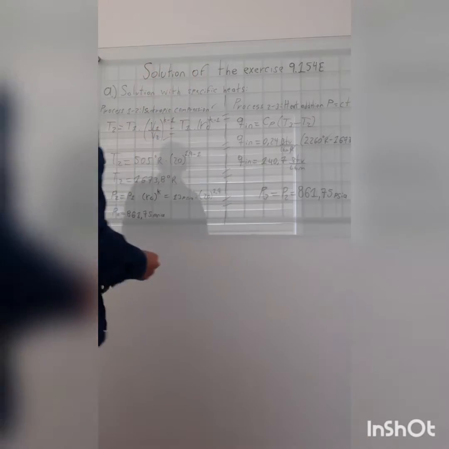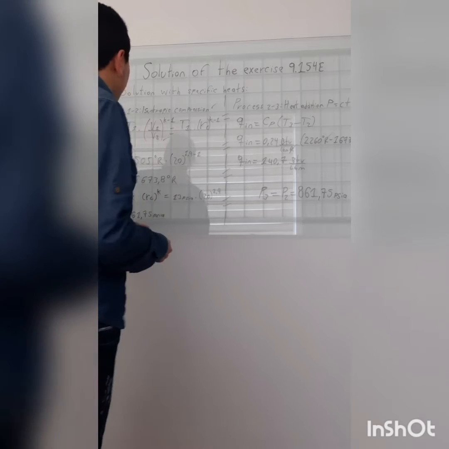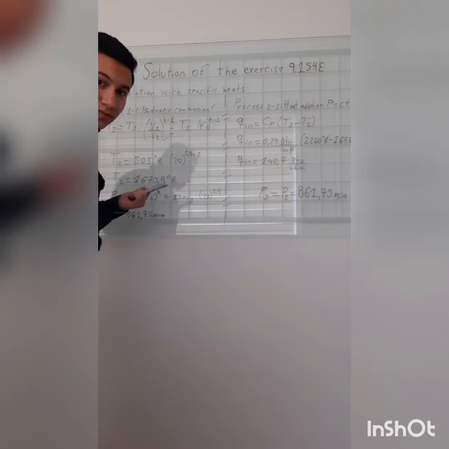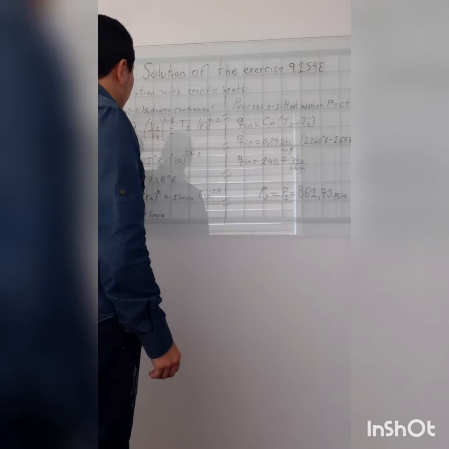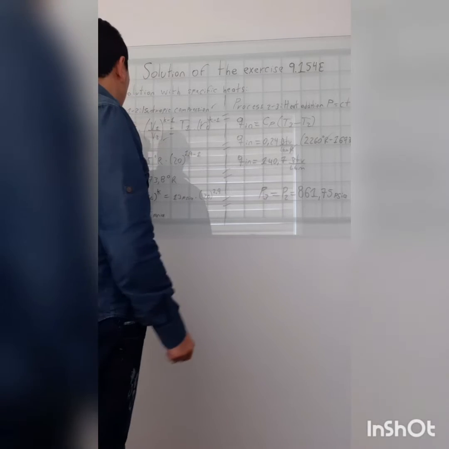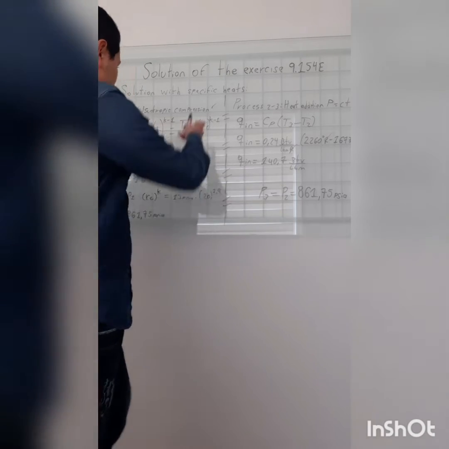Okay, in this part, first we are going to start with part A, that is the solution with specific heats. In this solution, we are going to talk about the processes. In this case, process 1 to 2, that is isentropic compression.